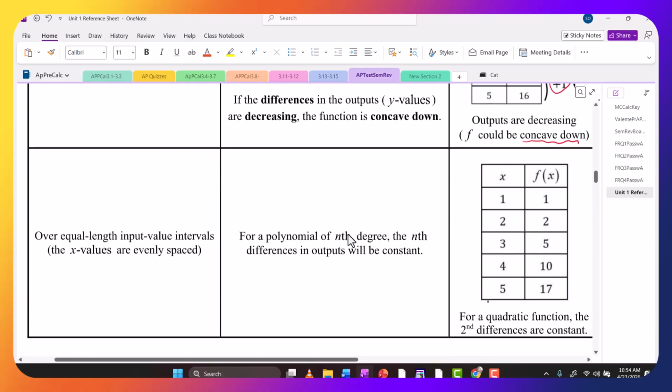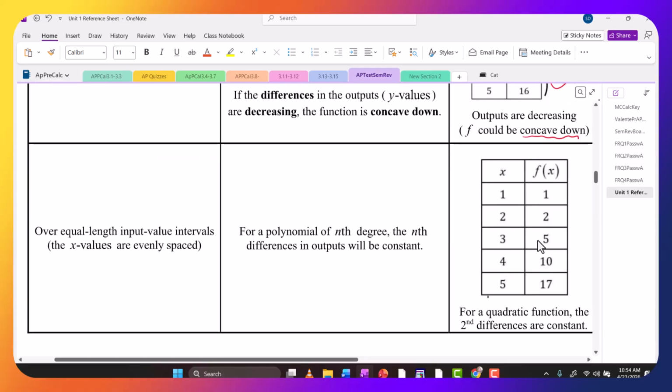All right. And then a totally different thing with common differences. Remember, we did this with polynomials. 2 minus 1 is 1, so this goes up 1. This goes up 3. This goes up 5. This goes up 7. Then when you look at these, they have a common second order difference of 2. That means it's quadratic, or an x squared function would match this data.